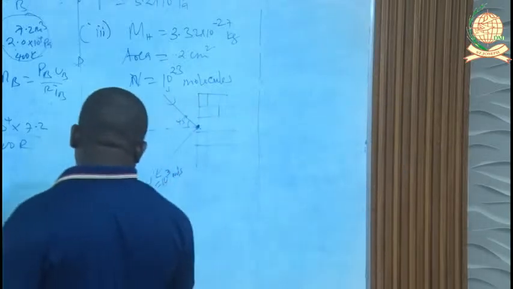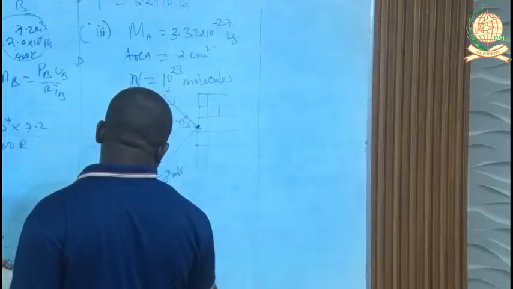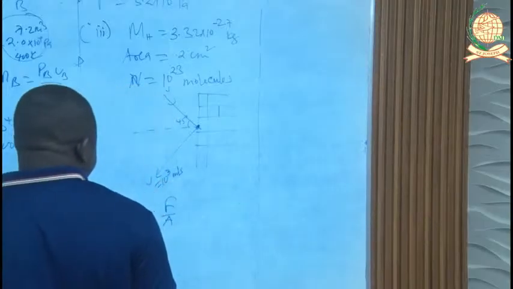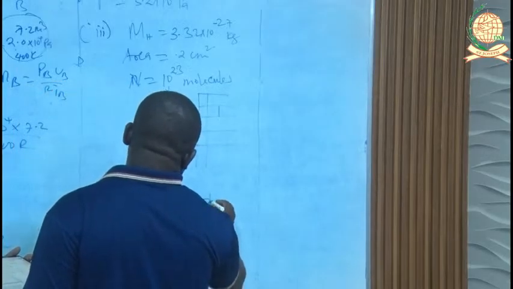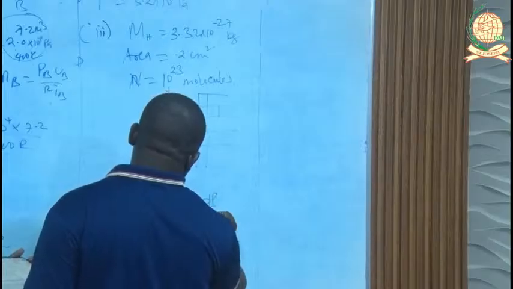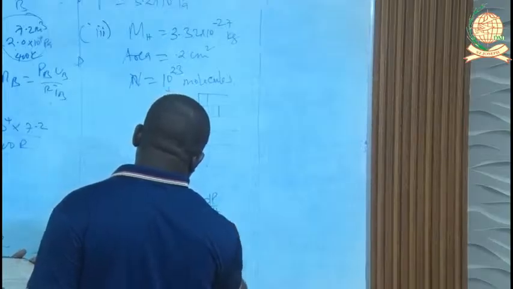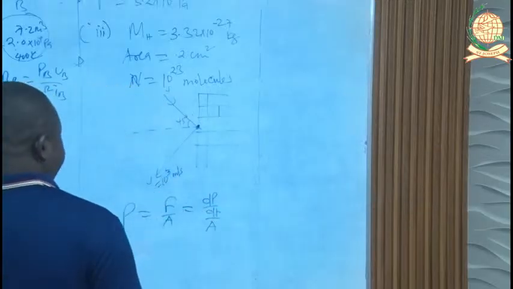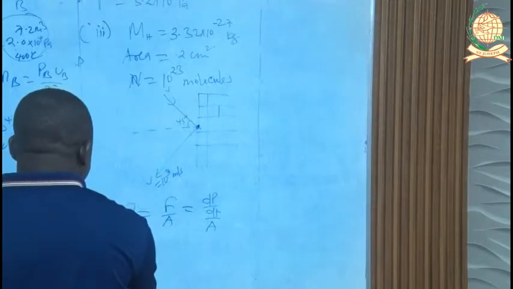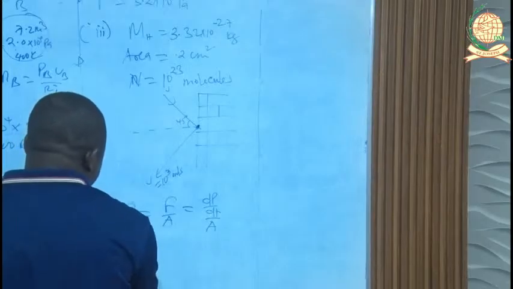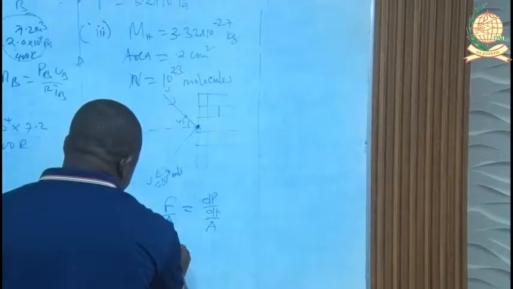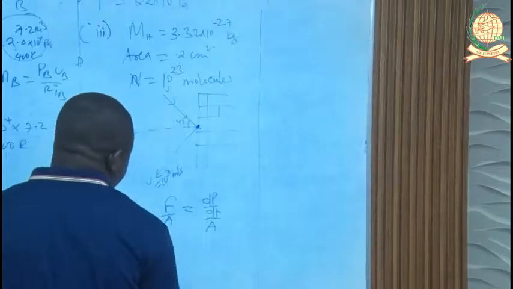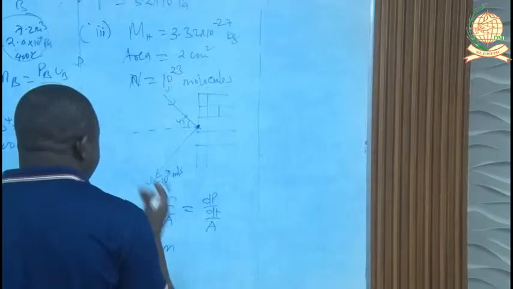Pressure is equal to force exerted divided by area. And this force is equal to the rate of change in linear momentum. So let us see what is the rate of change. Rate of change in linear momentum is equal to mass of a gas times change in velocity.